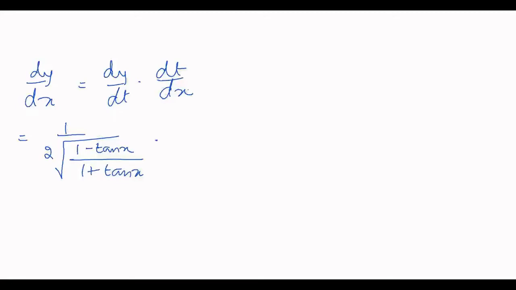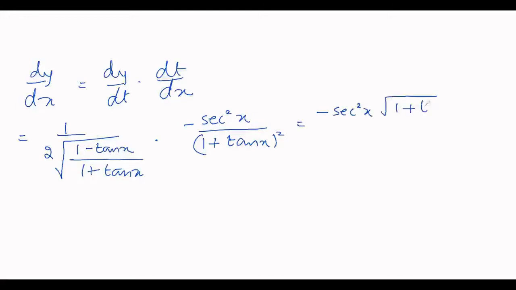Okay, so dt by dx, we got the value to be minus secant squared x divided by 1 plus tan x whole squared. Okay, so let me rewrite this as minus secant squared x into root of 1 plus tan x divided by 1 minus tan x whole power half into 1 plus tan x whole square.